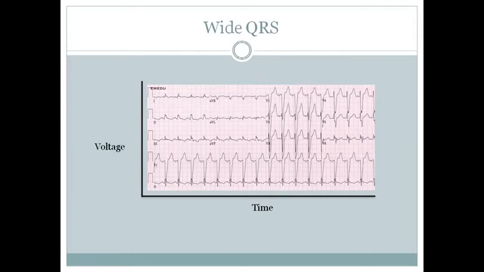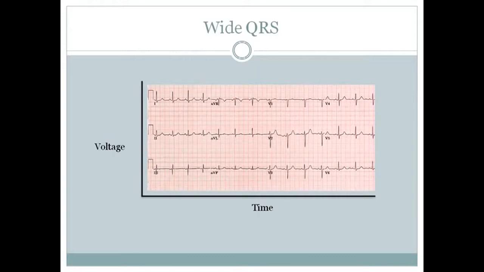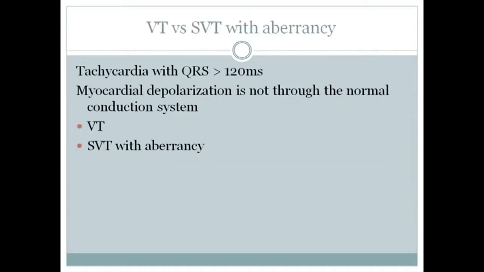It's either something originating in the ventricle, which is, of course, not going through the conduction system, or something that is originating above but is conducting abnormally down. A narrow one, same activity, but conducting differently. So this is the big question: VT versus SVT with aberrant conduction. Wide is QRS greater than 120.